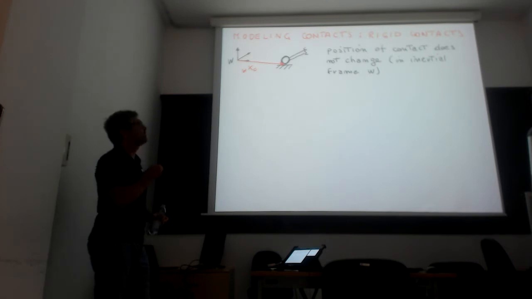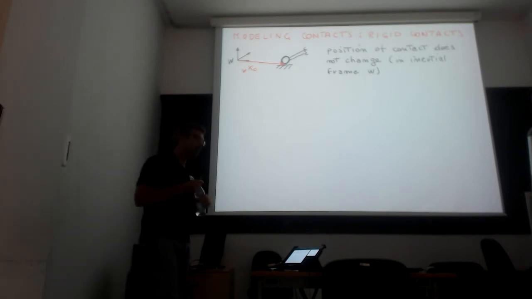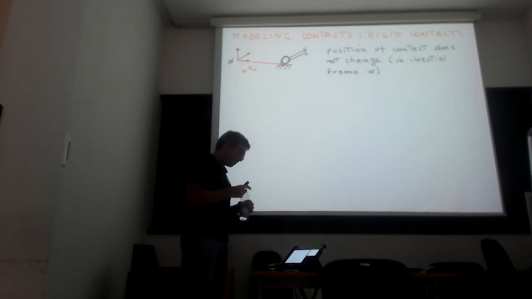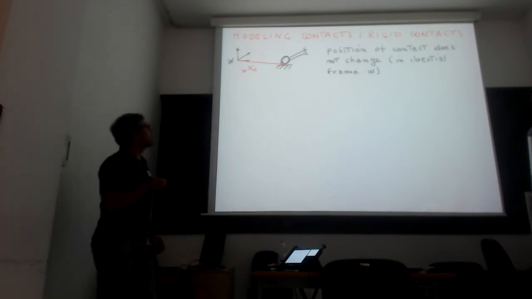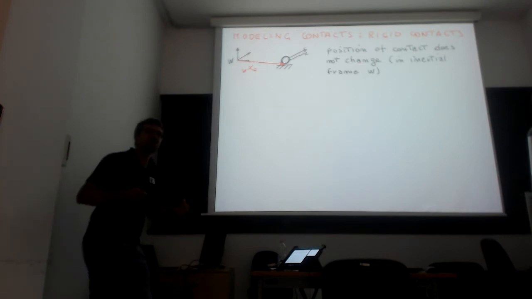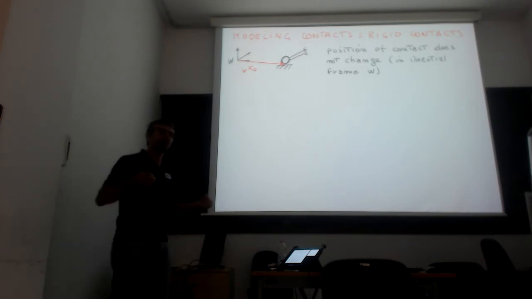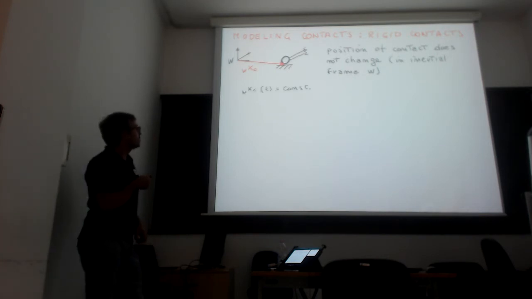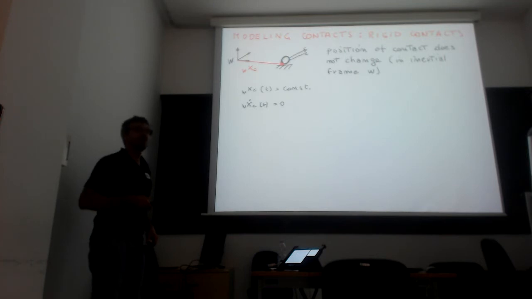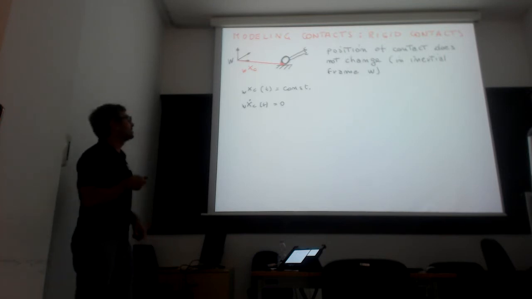This is the inertial frame attached to the lab, and you know that if you have one foot in contact, the position will be constant in that frame. This doesn't mean that it doesn't change in the base frame, for example, because the base is moving. So we always define the contact point position about the world frame, and saying that the position doesn't change is equal to saying that the velocity is 0.